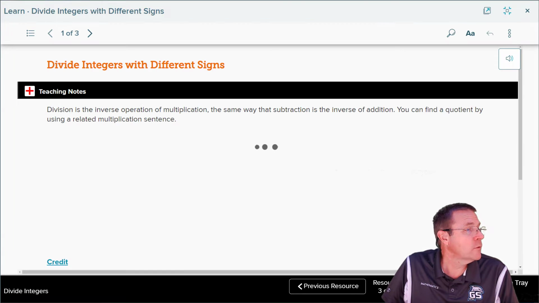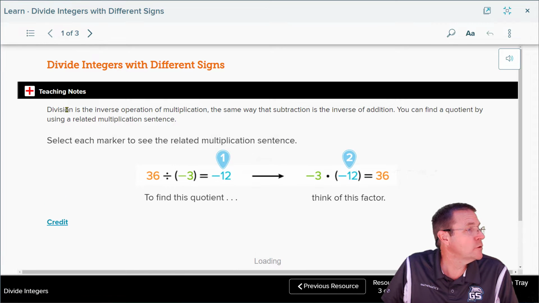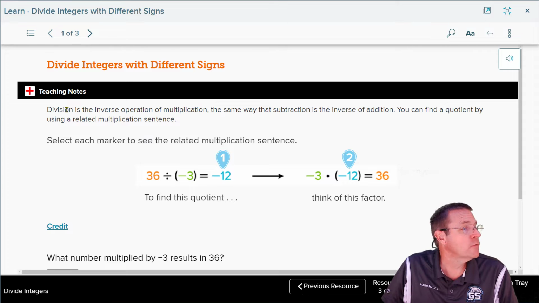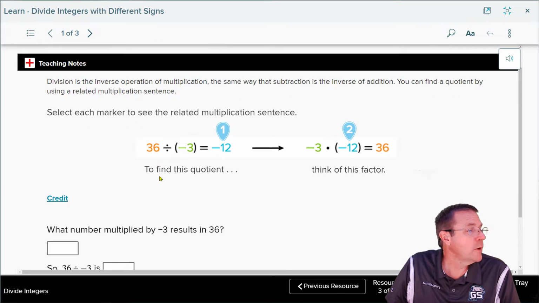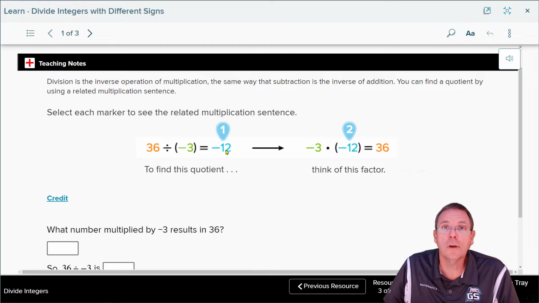On the Learn category here, they say division is the inverse operation of multiplication, the same way that subtraction is the inverse operation of addition. And you can find a quotient using the related multiplication sequence. Here, they're taking some mental math and showing that 36 divided by negative 3 equals negative 12.